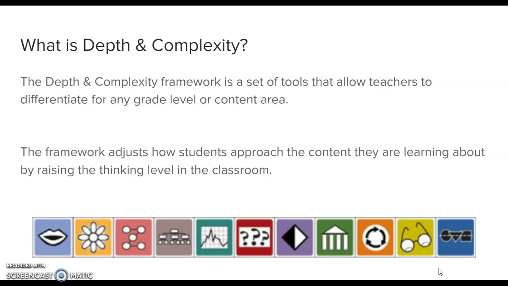This isn't just an ELAR thing or just a math, science, social studies thing. What the depth and complexity icons do is help students get to that real critical thinking level in their understanding of the content in your class. So the icons are used just as reminders for what it is you want them to focus on at that moment.